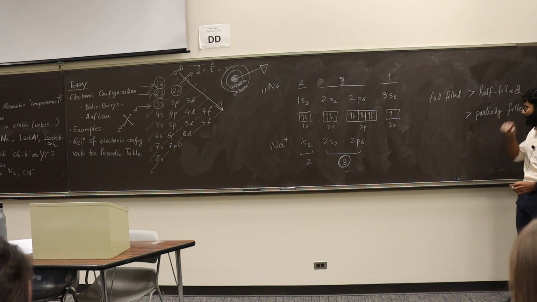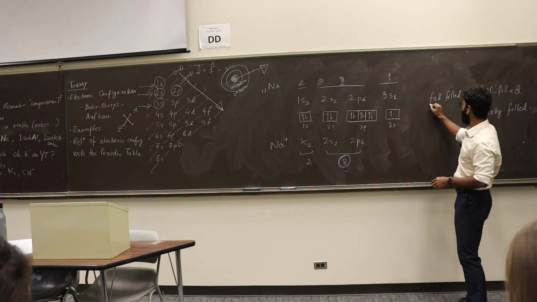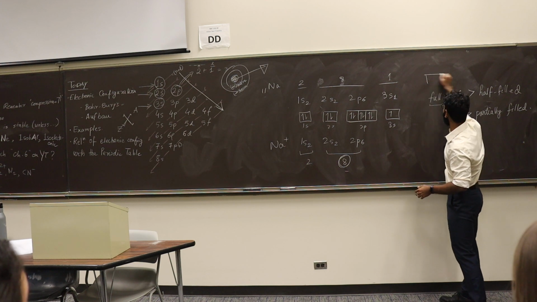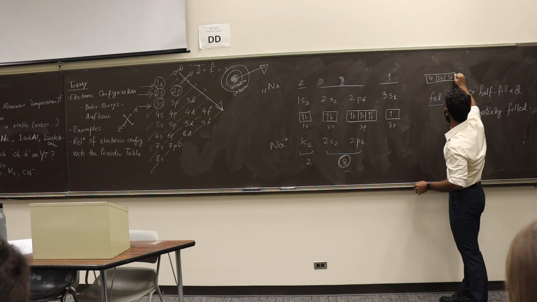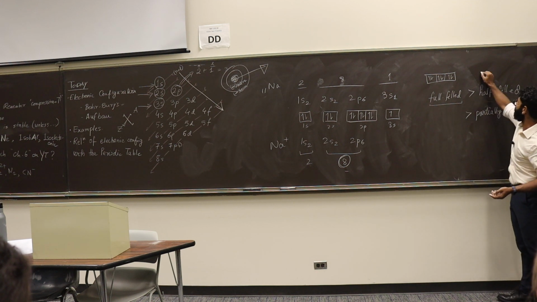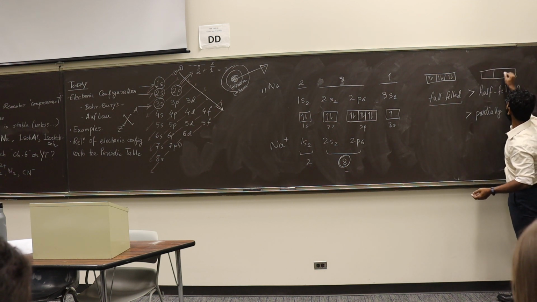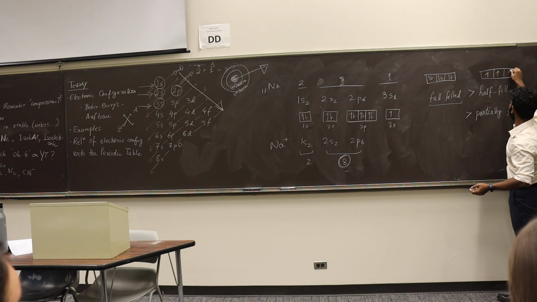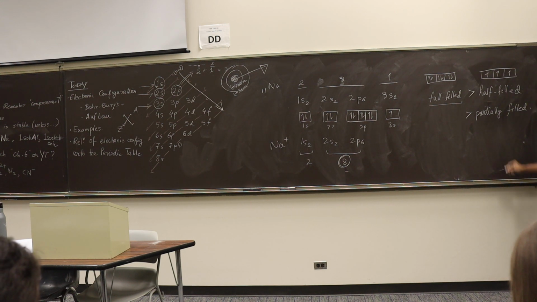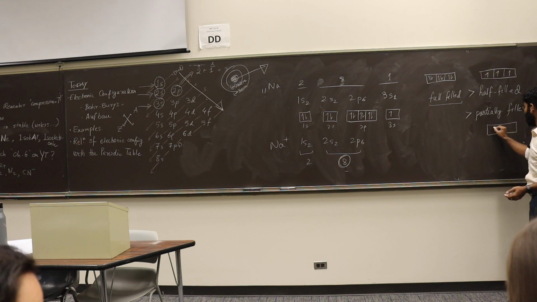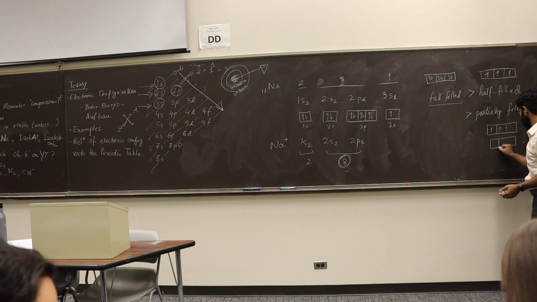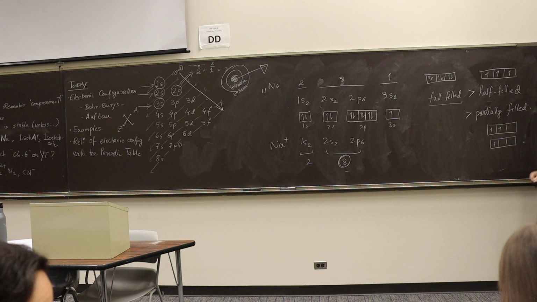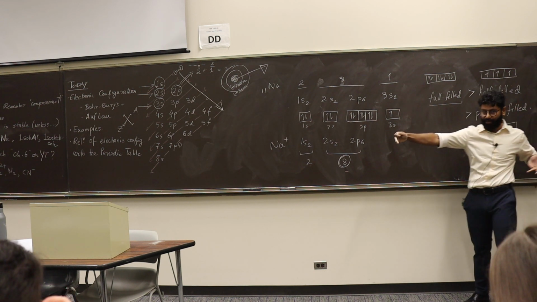What this means is, a full-filled p orbital will look something like this. A half-filled will look something like this. And a partially filled can look something like this or this. Same for D. So we have a D, the full filled.